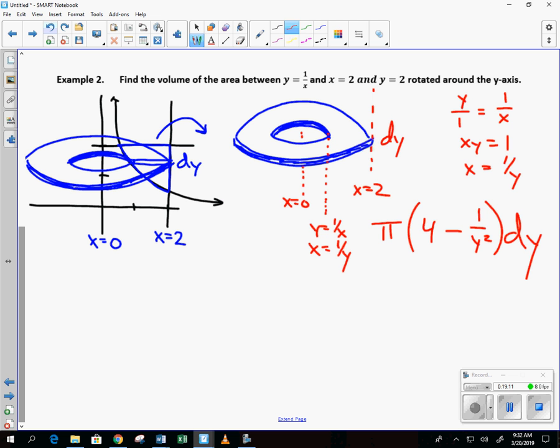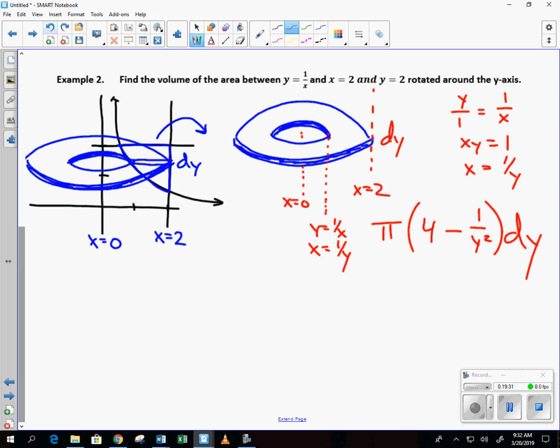This is little r, see it? 1 over y, we square it. This is big R. What's the distance from 0 to 2? 2. Everybody got that? Okay.